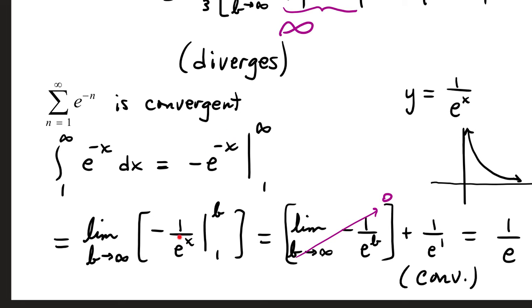E to the negative x, you can move it to the denominator, and then the power becomes positive. Minus negative, that's why I have a plus sign. And then we sub a 1 in, 1 over e to the first. Well, this new fraction, a fixed numerator and ever-growing denominator, has a limit of 0, plus 1 over e. That is a finite value, so that tells us that we have a convergent series.